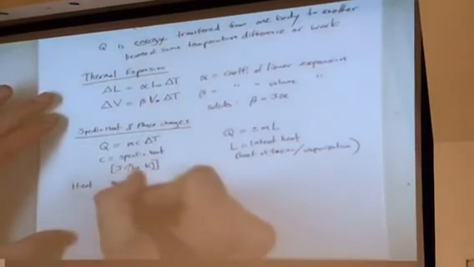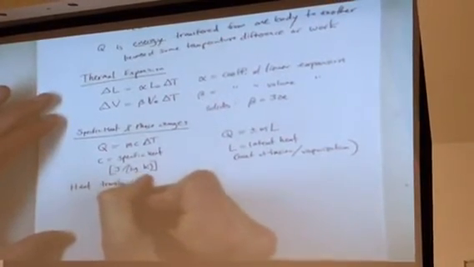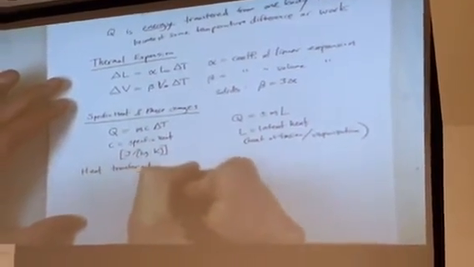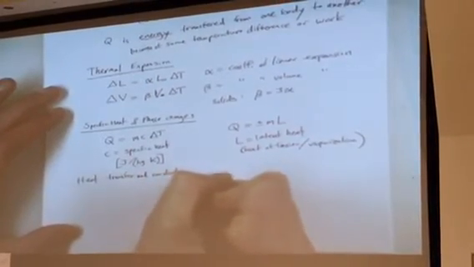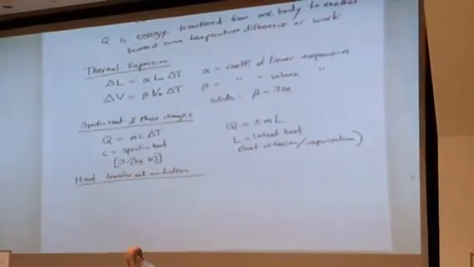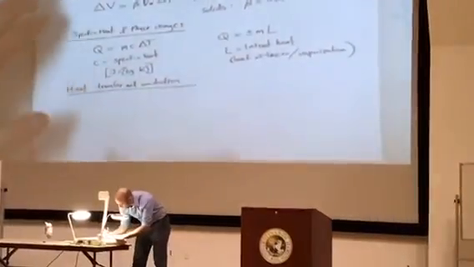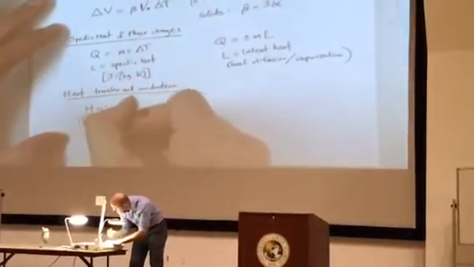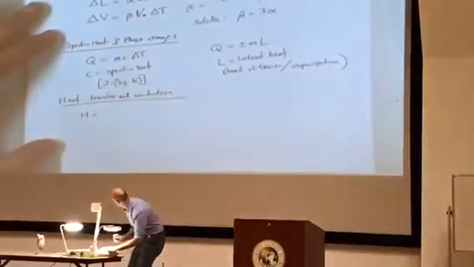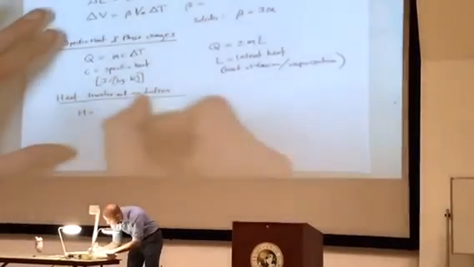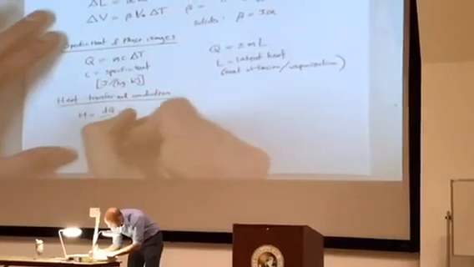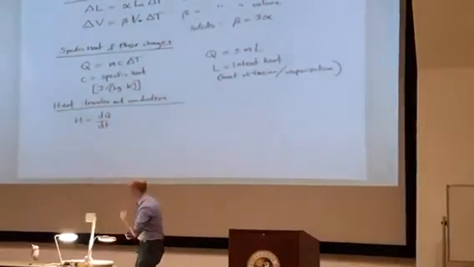All right, so heat transfer and conduction. So if we want to transfer heat from one place to another, there's different ways of doing it. And usually this rate of transfer of heat we represent with H, and that is equal to some change in heat as a function of time.